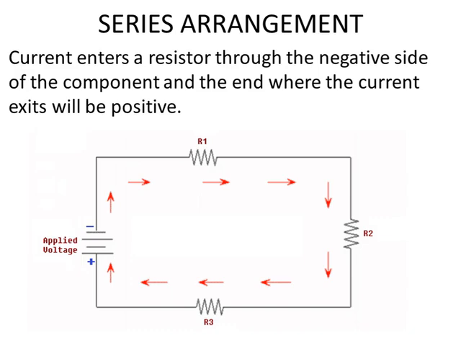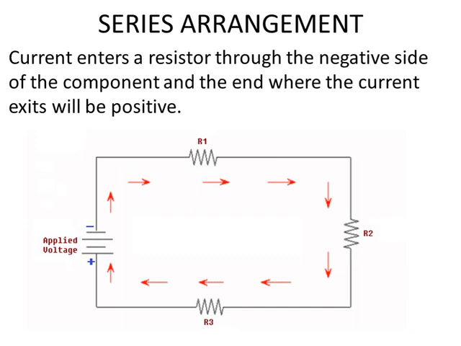Now this is an example of a circuit in series arrangement. If you look at it from the left side where we have the applied voltage, at the negative side of the applied voltage there is a current going in from that side and it enters R1, which is the first resistor.